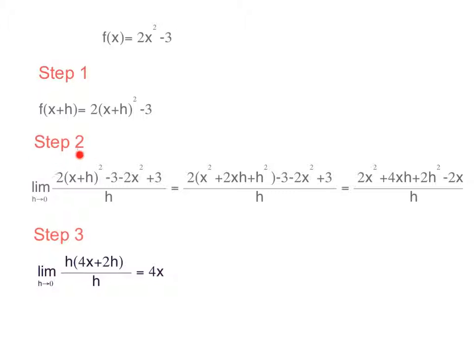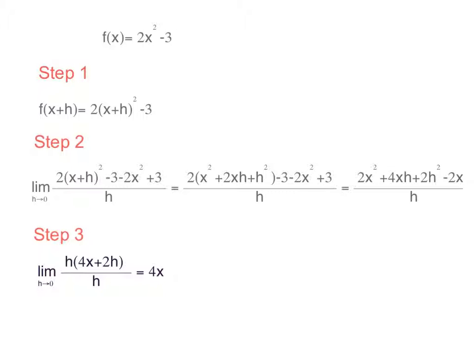The second step is to take the limit as h approaches 0. So we have 2(x plus h) squared minus 3 minus (2x squared minus 3), all over h, as our function to get a limit, and then we will get the slope.